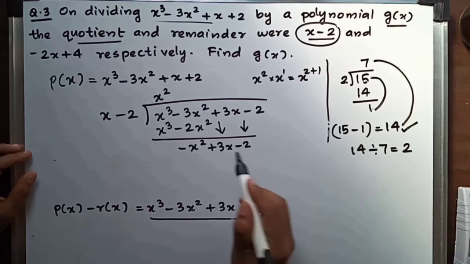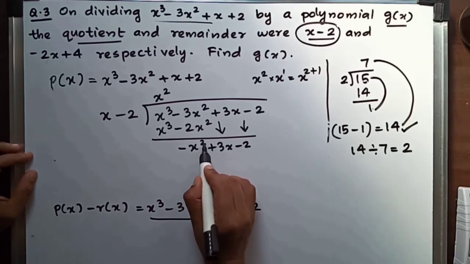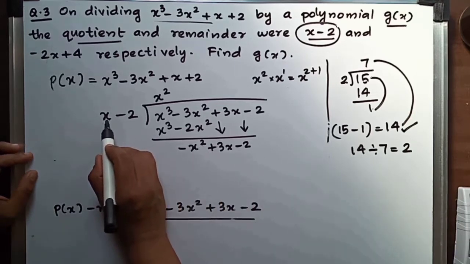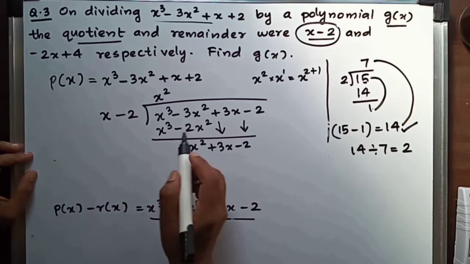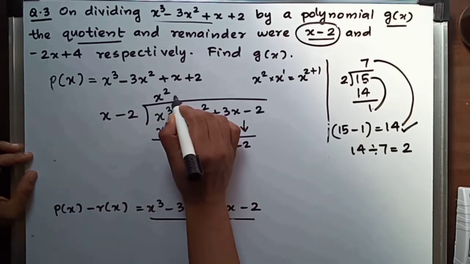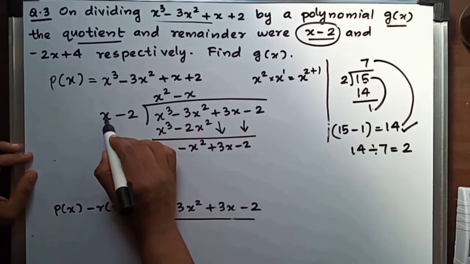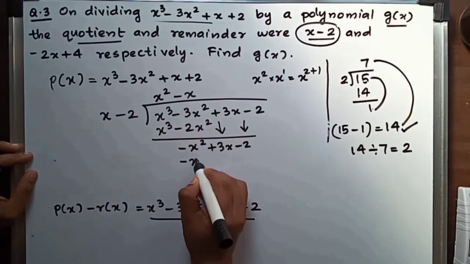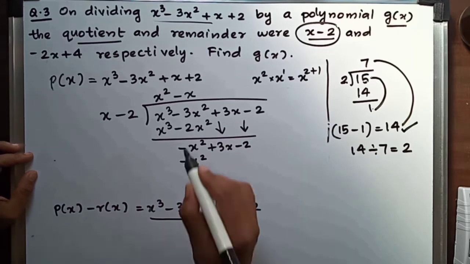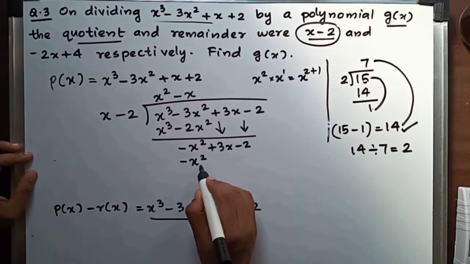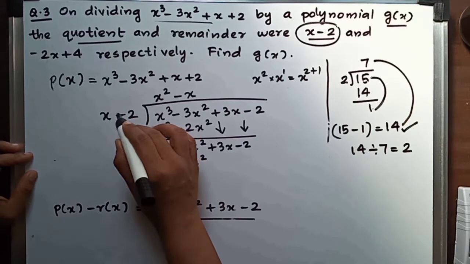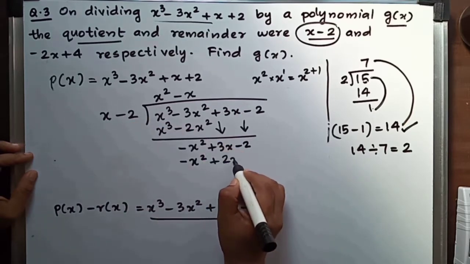Now here we have minus x square and here we have an x. So we multiply x by minus x, giving minus x square, and minus x into minus 2 gives plus 2x.